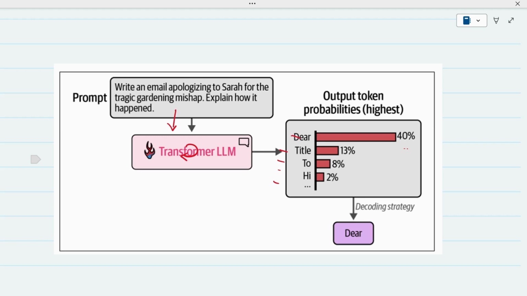Now we will see how the transformer actually knows what the user wants, meaning how it finds a relationship between the prompt and the generated output. We can see this in the next video. Stay tuned.